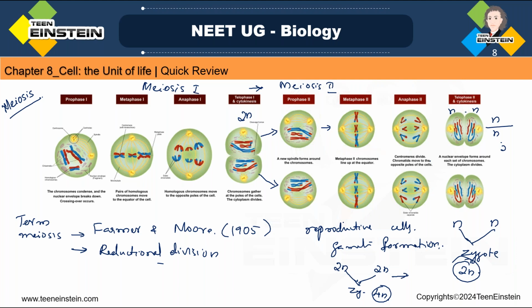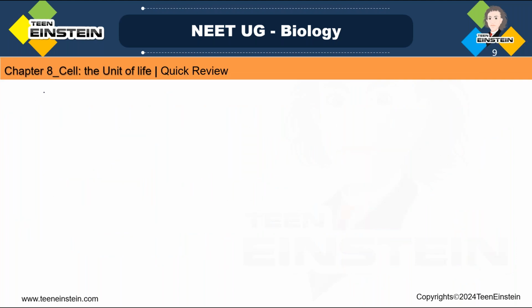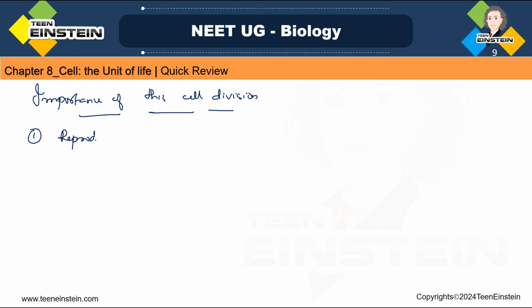Okay, so here we have learned mitosis, meiosis and amitosis. So what is the importance of cell division? Tell me, why should cell division be there? See, the first important thing is that cell division is important for reproduction, right?